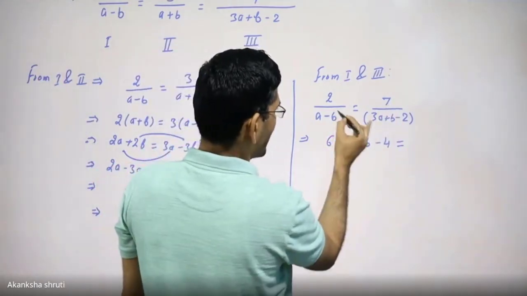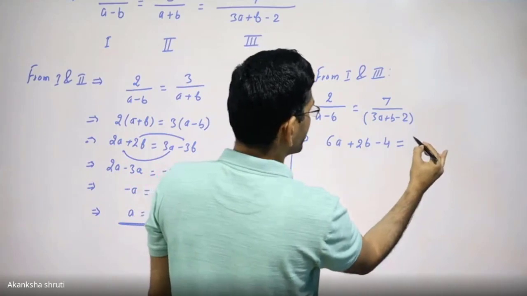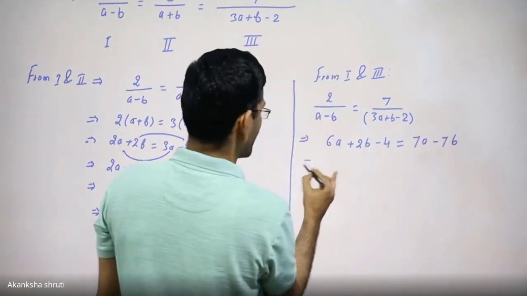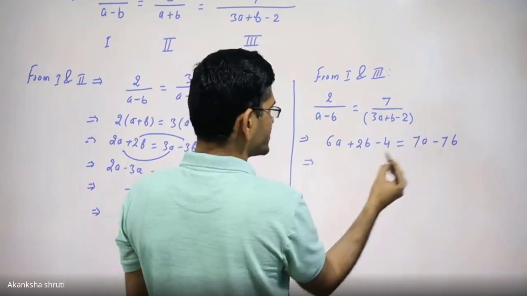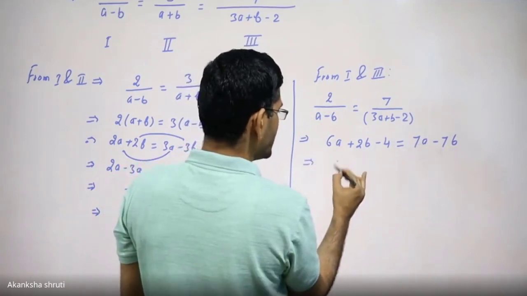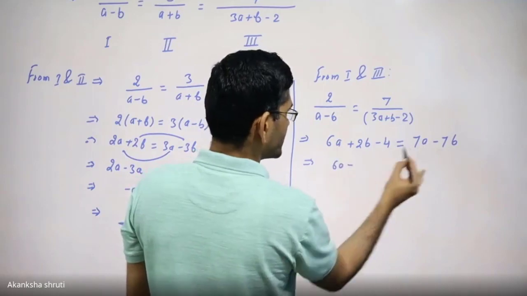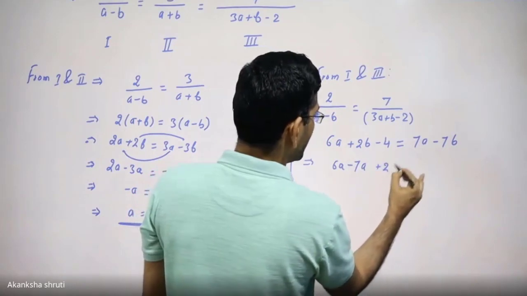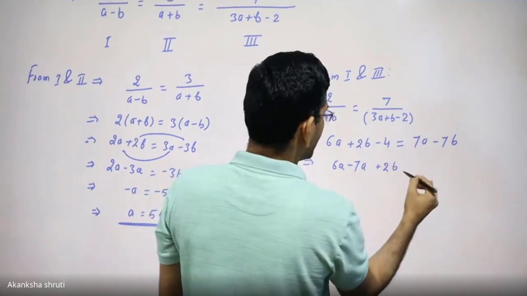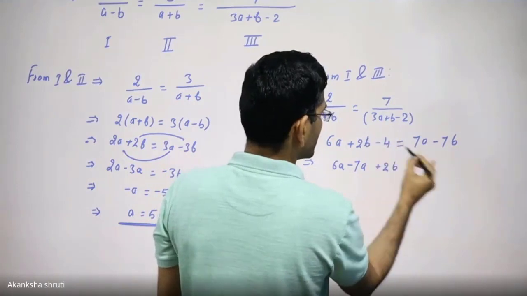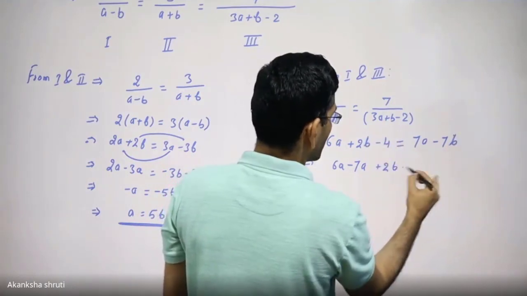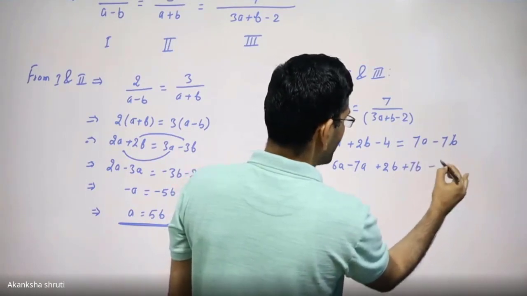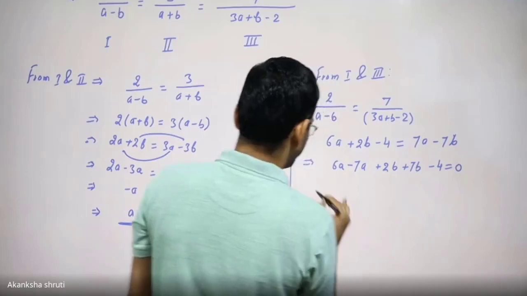7 has to multiply with both a and b, so it becomes 7a minus 7b. Bring the a and b on one side. It is 6a minus 7a, then 2b, and this minus 7b becomes plus 7b, minus 4 is equal to 0.